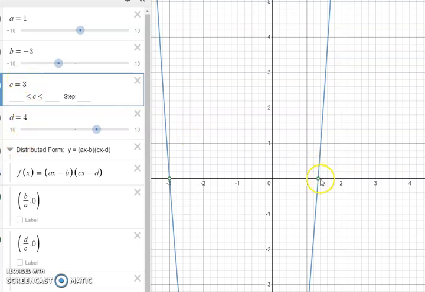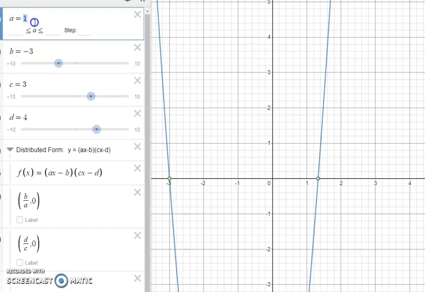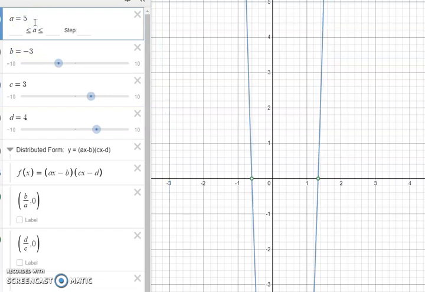Do you recognize that as 1.3 repeating when you write it as a decimal? Let's look at this example. Let's change a to 5. -3 divided by 5. Do you recognize that turned into a decimal as -0.6? Okay, there it is. Our multipliers turn into denominators, and the thing being subtracted turns into the numerator.